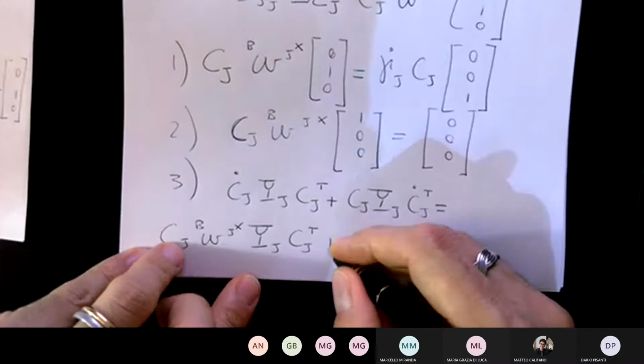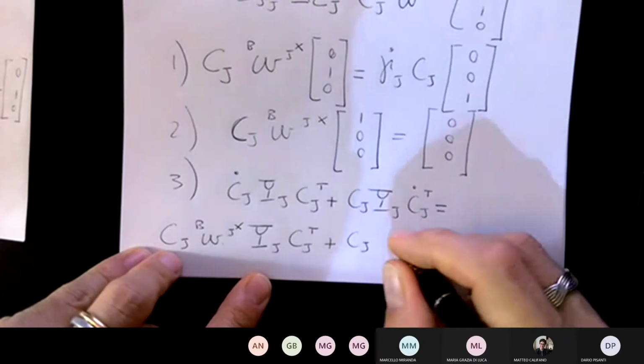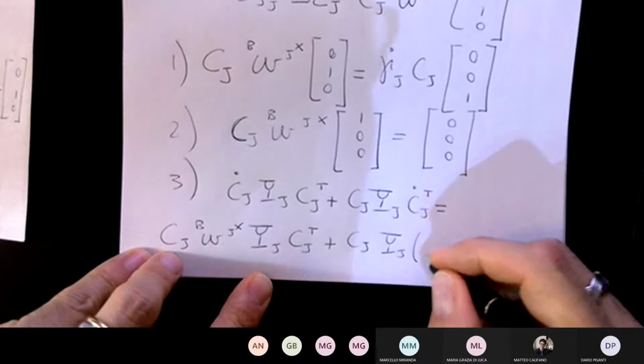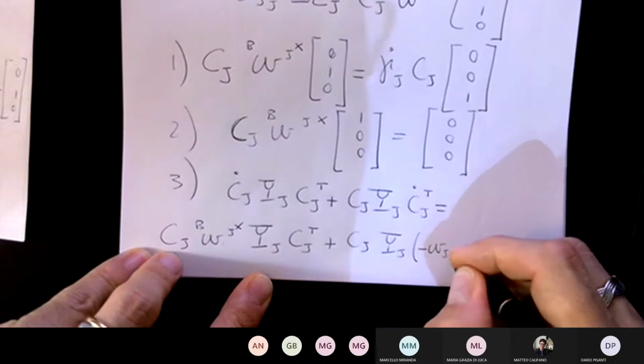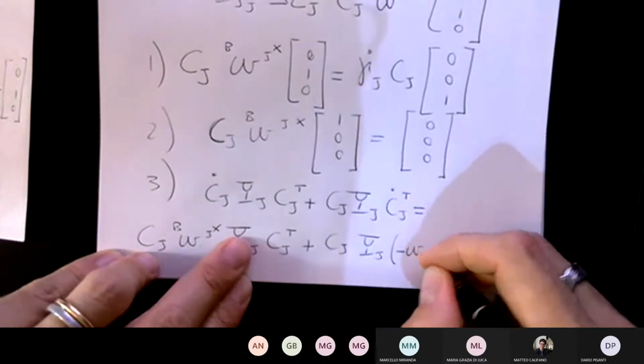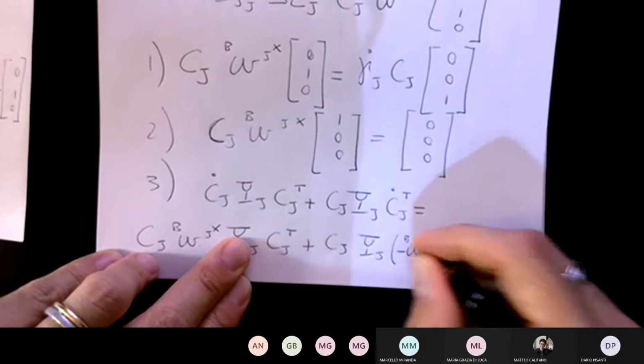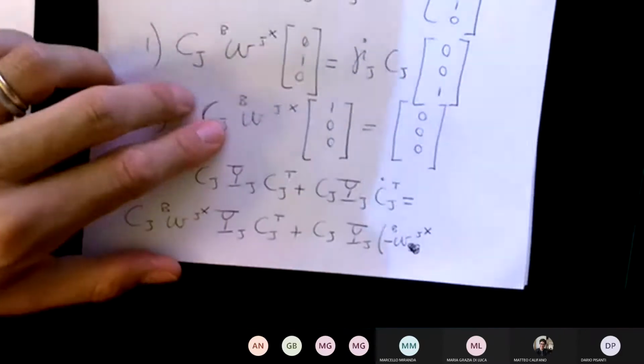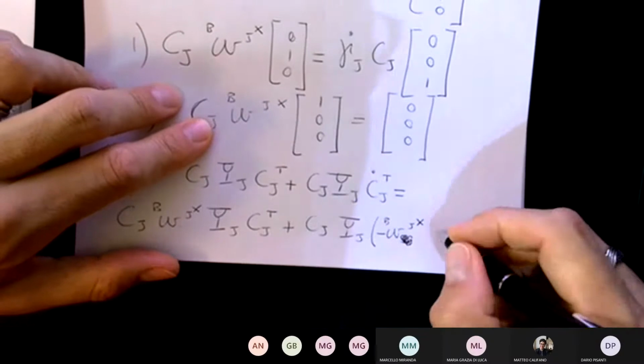Okay. Plus Cj Yj, and then I have minus omega jb, jbx, that multiplies Cj transpose.